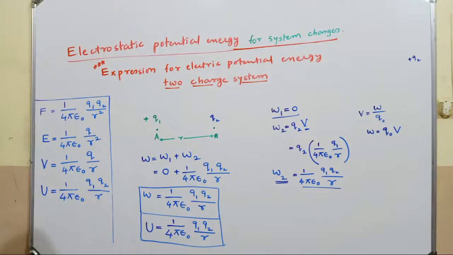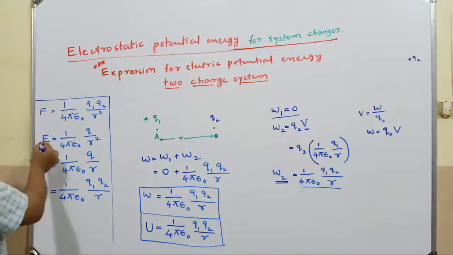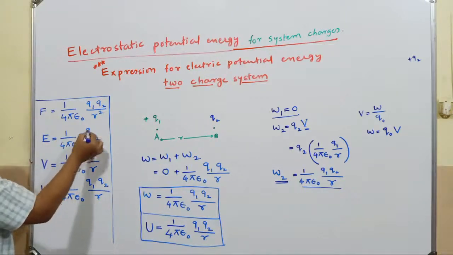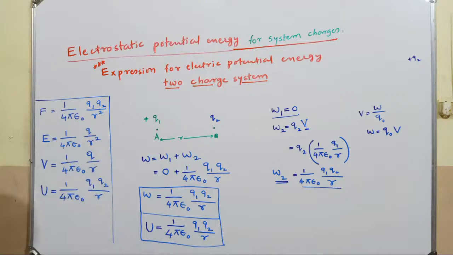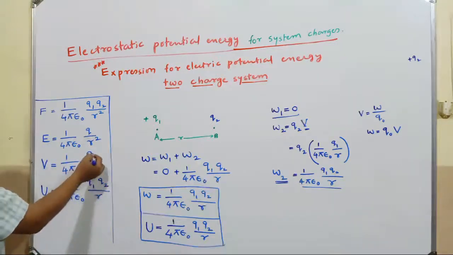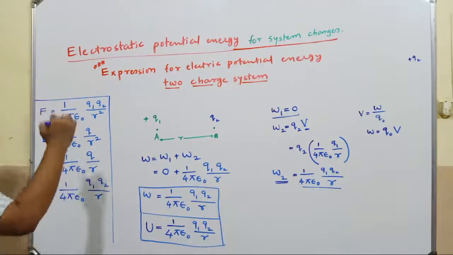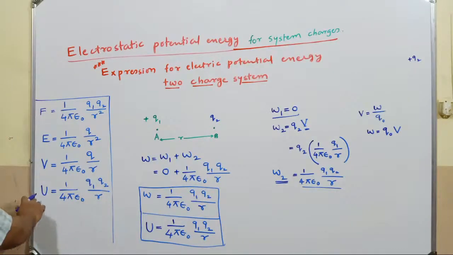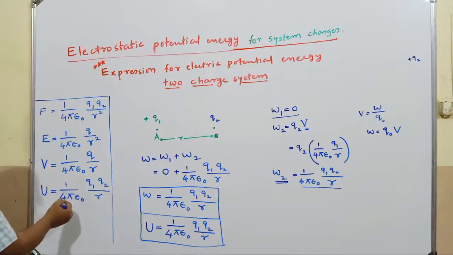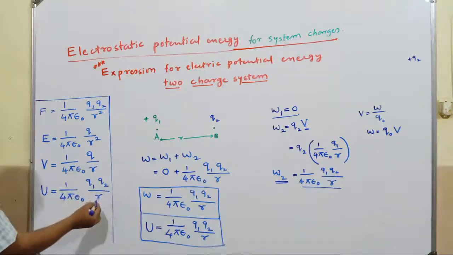Electric field is 1 by 4 pi epsilon Q by R square. Potential is 1 by 4 pi epsilon Q by R. Whereas electrostatic potential energy is 1 by 4 pi epsilon Q1 Q2 by R.